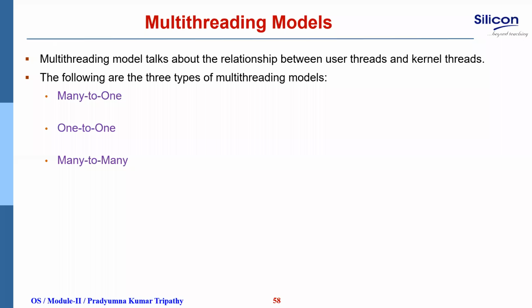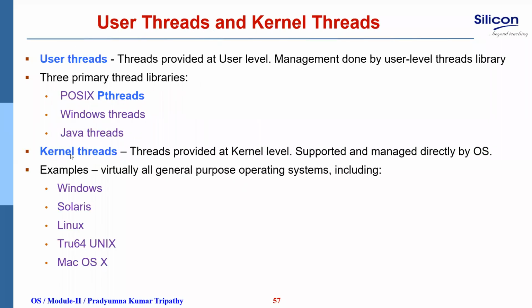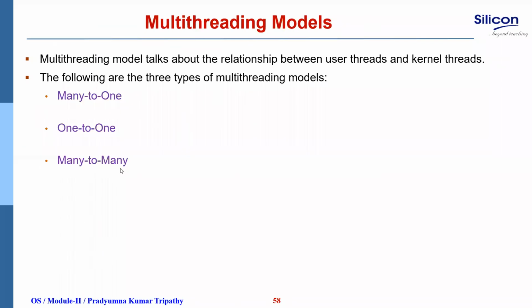When you write code for multi-threading applications, these threads have to interact with the system threads, because we have discussed user threads and kernel threads. Even if you have some user threads, they have to interact with these kernel threads. So there is a relationship between the user thread and kernel thread. If a user thread wants to do some work, it has to be mapped to a kernel thread so that the task can be completed.